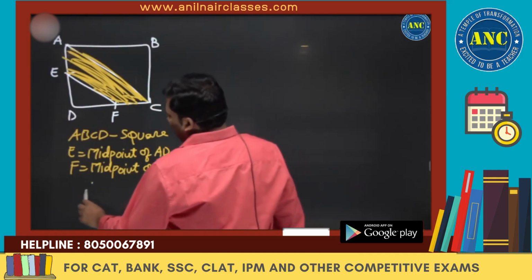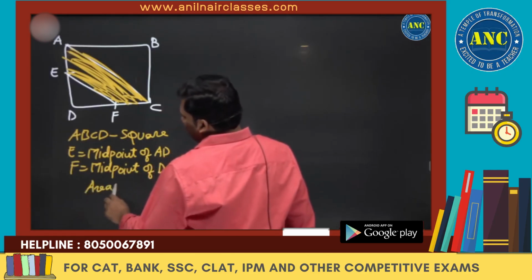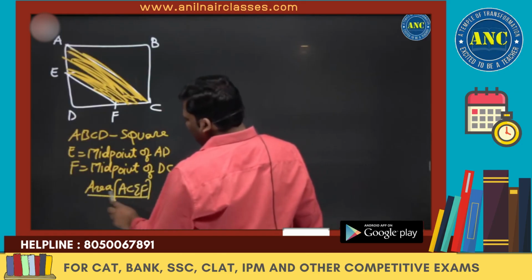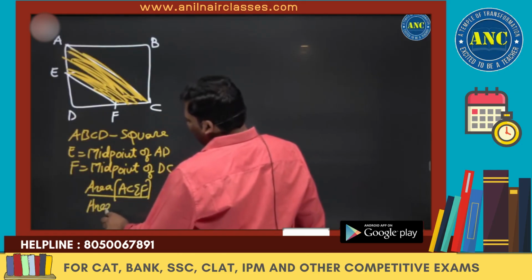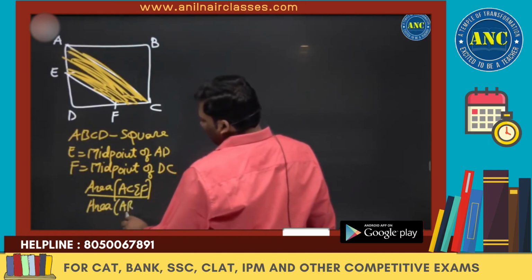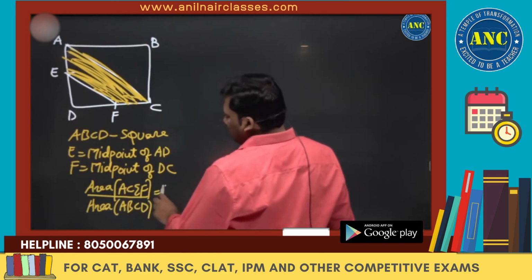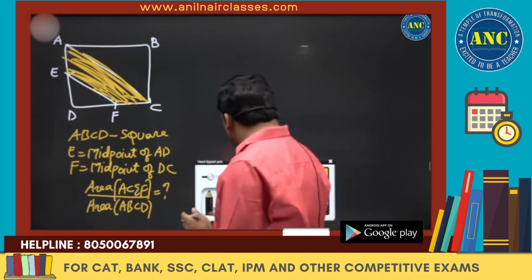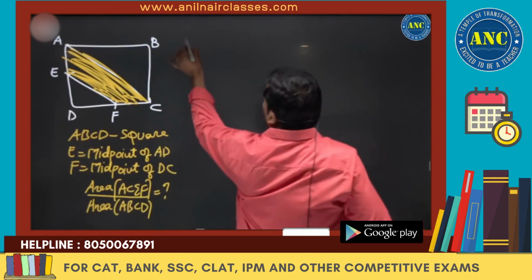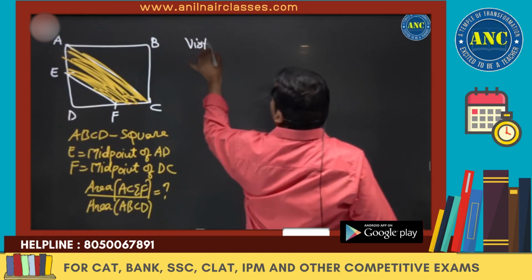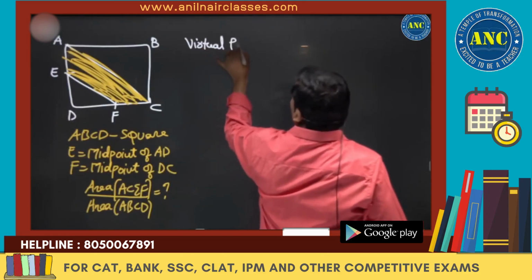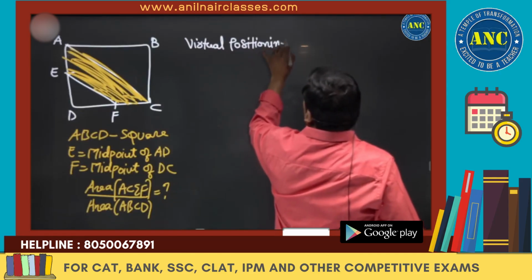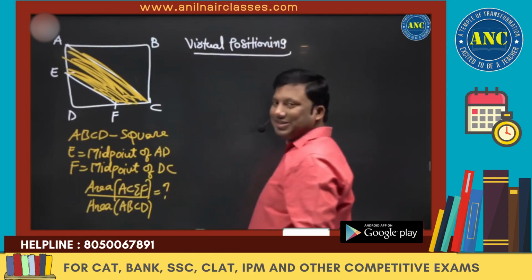We want the area of ACEF divided by the area of ABCD. This is the question. No formula, nothing is required. I am just trying to give an example of what you mean by virtual positioning. 3 examples I will give you, because the last question I solved is on virtual positioning. Very interesting concept it is.